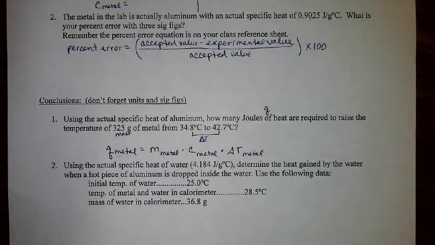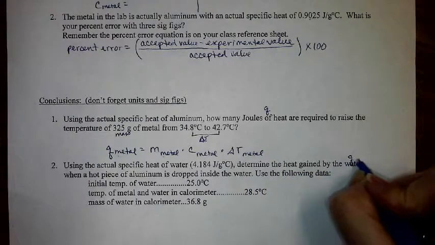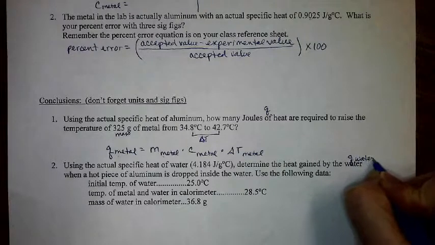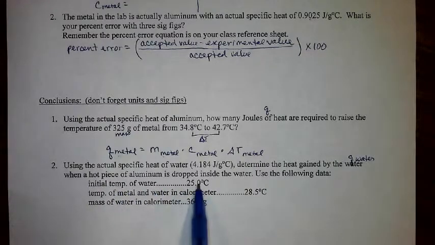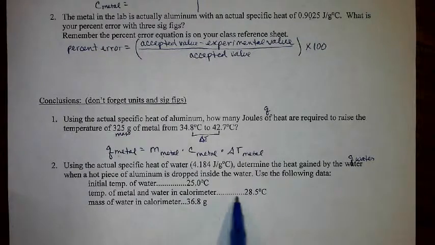Now for number 2, you're going to do the same thing, but now for water. So use the actual specific heat of water. Determine the heat gained by the water. So it's asking you for Q of the water, when a hot piece of aluminum is dropped inside the water. So the initial temperature of the water is this. The temperature of the metal and the water together is this.